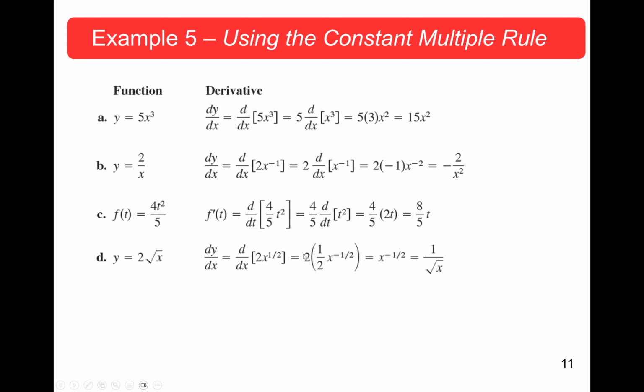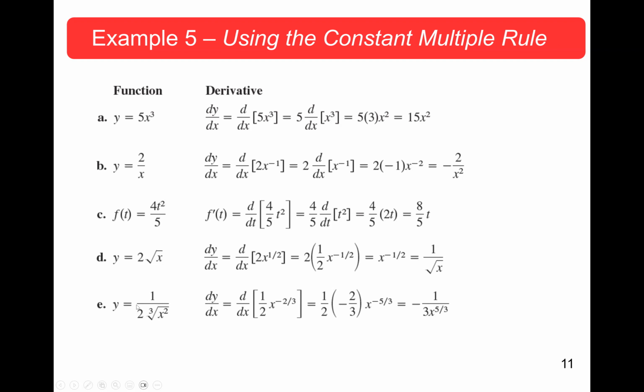The 2 times half will cancel, so our answer will be x to the power negative half. We can change it to a positive exponent, and that will be 1 over x to the power half, or 1 over the square root of x.